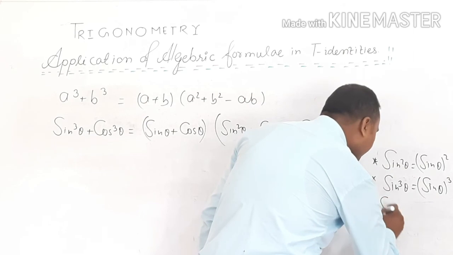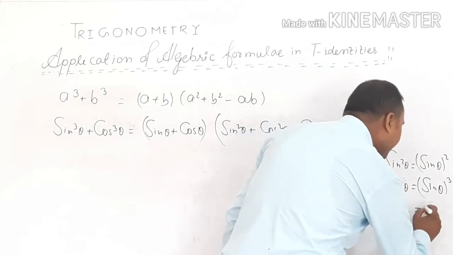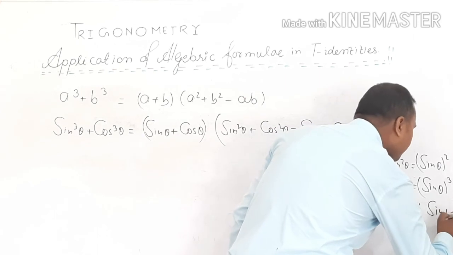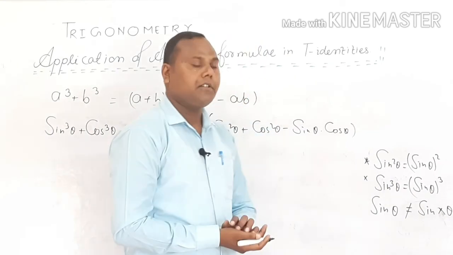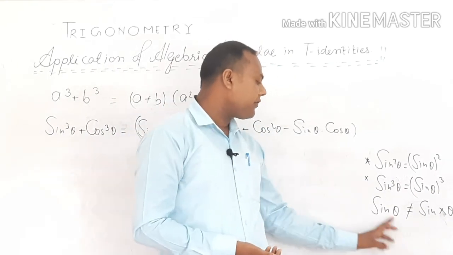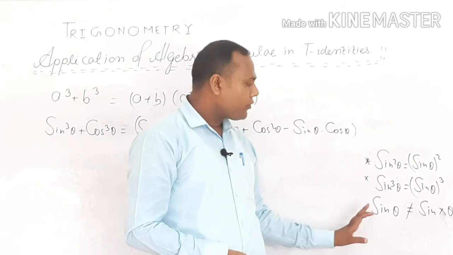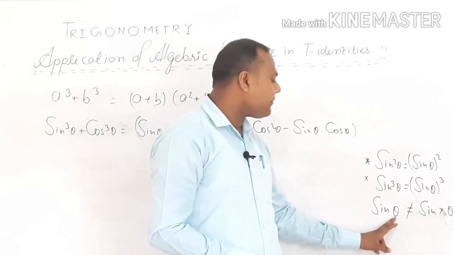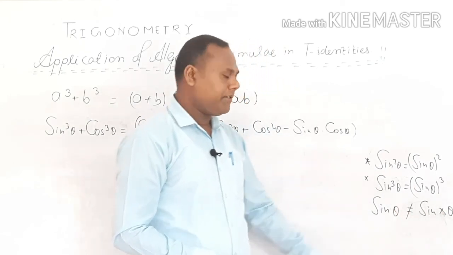We couldn't write sin θ as sin multiplied by θ, because sin θ means sine is the function and θ is the argument of the function. So we couldn't write sin θ as sin cross θ.